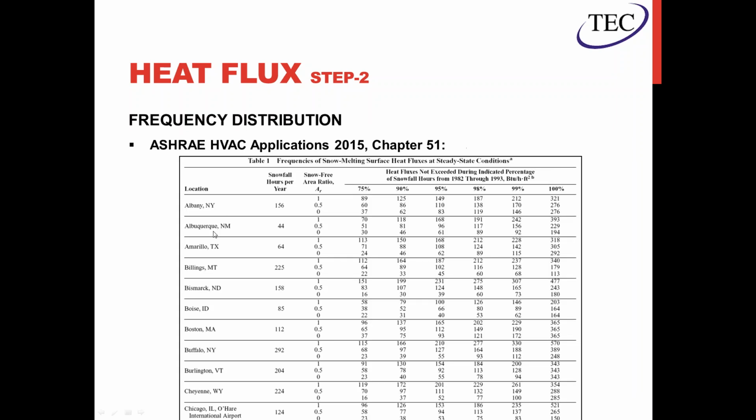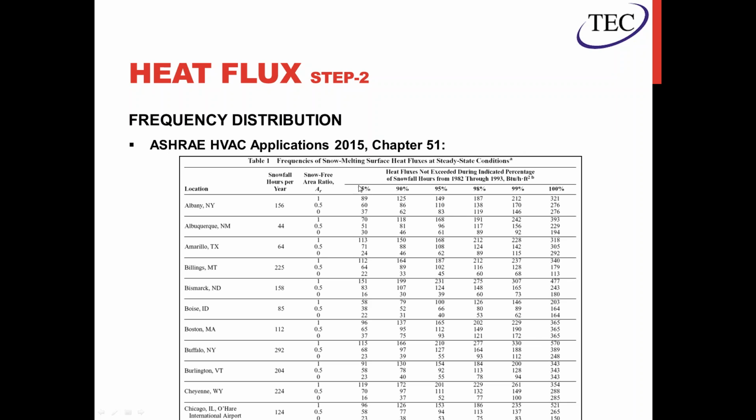And here's what that table looks like. So the first column here is snowfall hours per year, and this is data tabulated from 1982 to 1993. And then the second column is the snow-free area we were just discussing. Once you decide what your snow-free area is, the second element there is the frequency distribution.